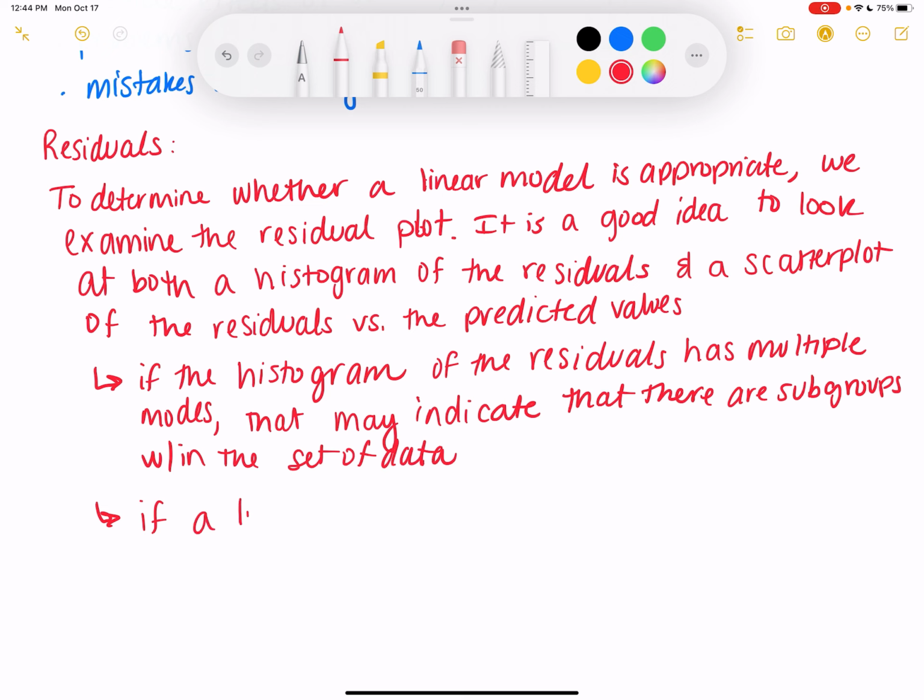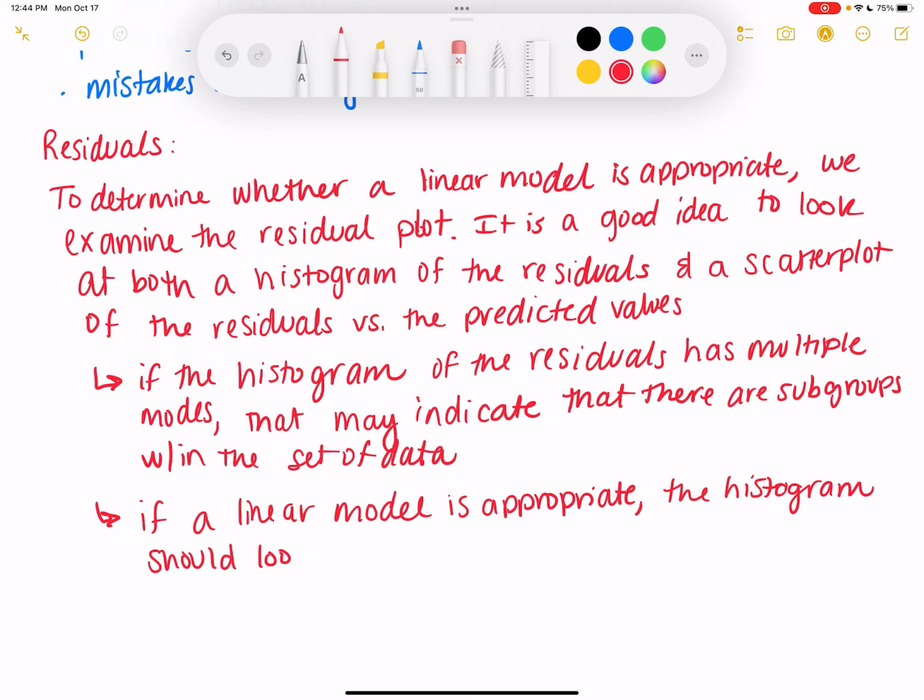If a linear model is appropriate, the histogram should look approximately normal.